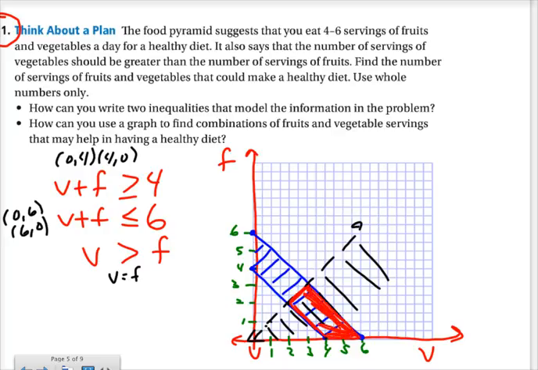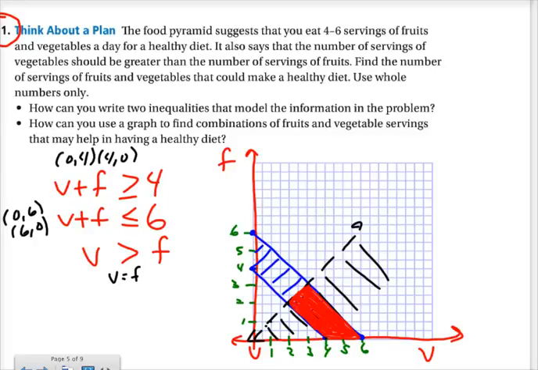And they said they only wanted the whole number solutions. They don't want any half servings of fruit or anything like that. So this would be more of a discrete graph, a countable graph, and you would just go through and list any of the points that are in that, well, red zone on my graph.